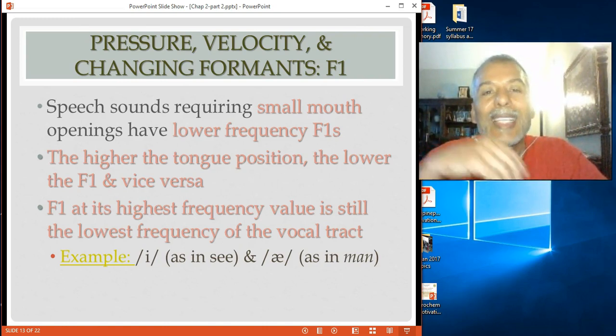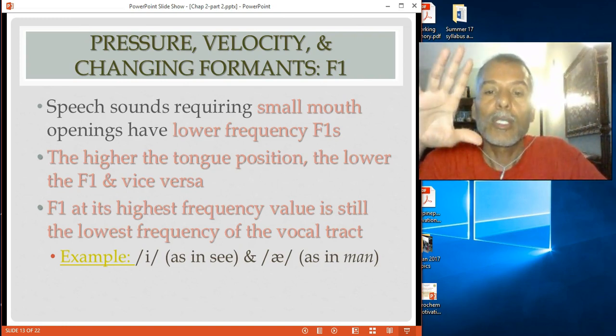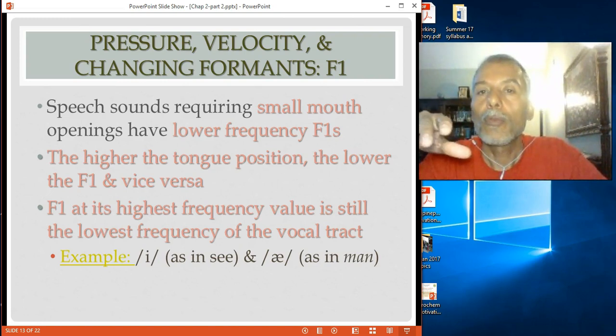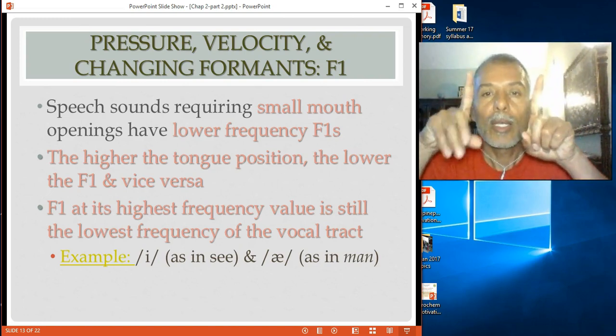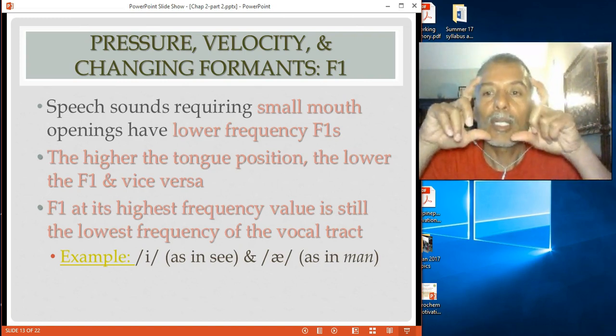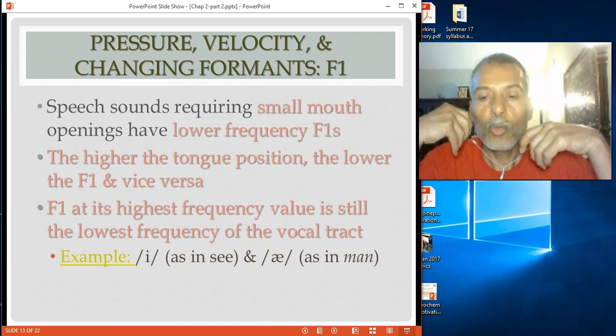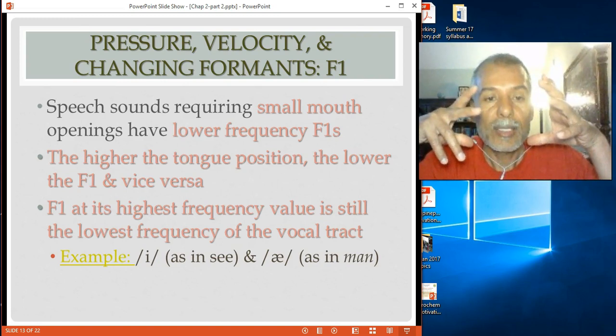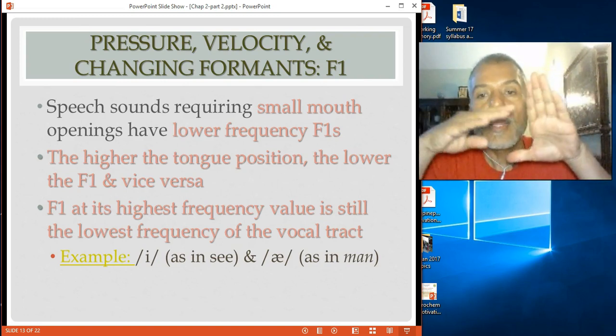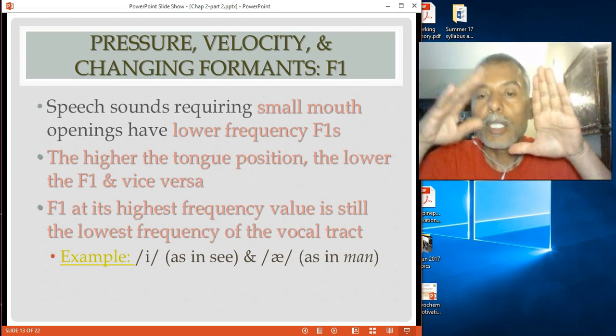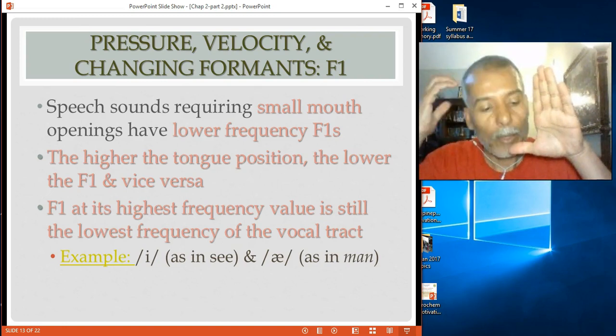F1, even at its highest frequency value, is the lowest frequency of the vocal tract, because the first formant is the first time that the tube is going to start to resonate, and anything that comes after it is higher.